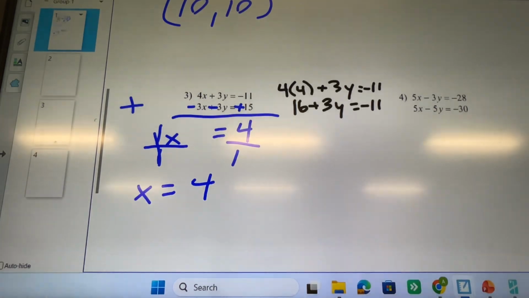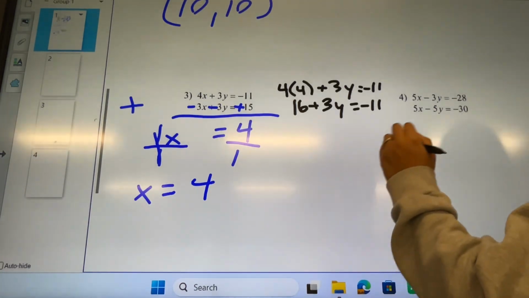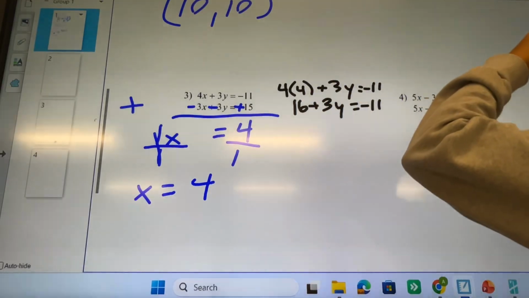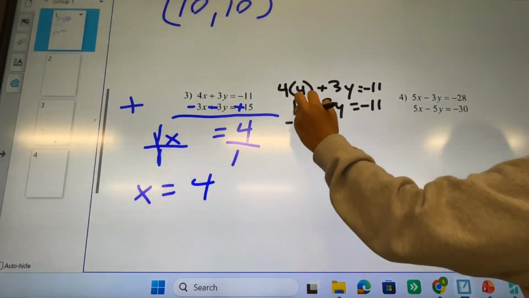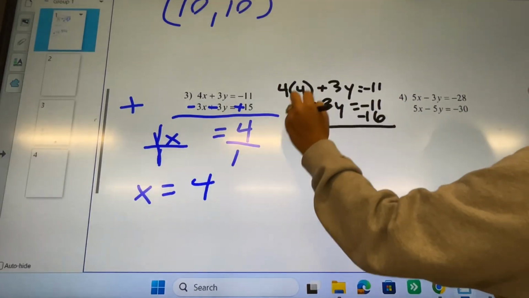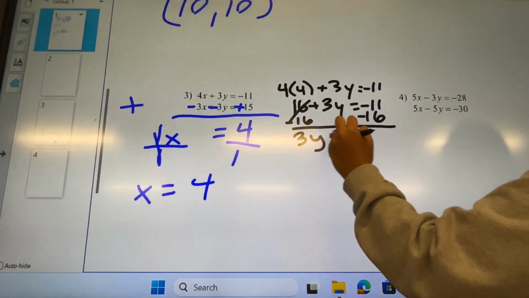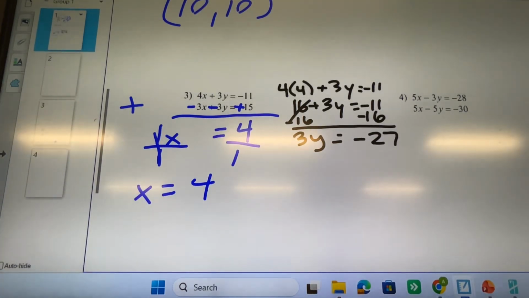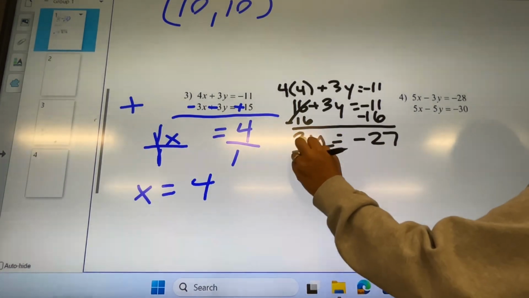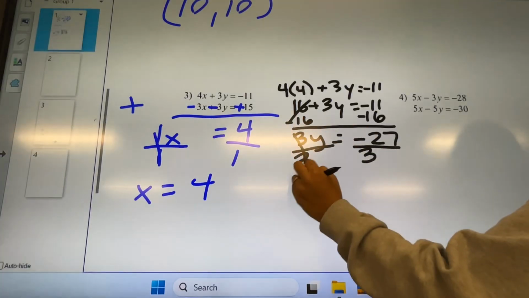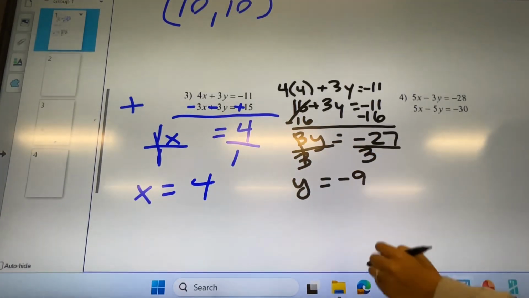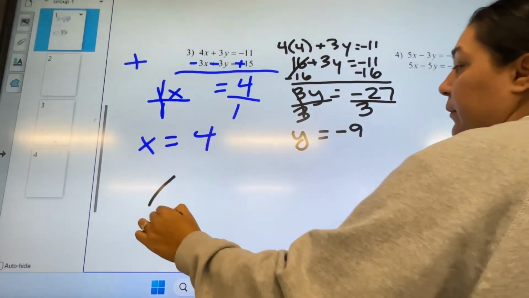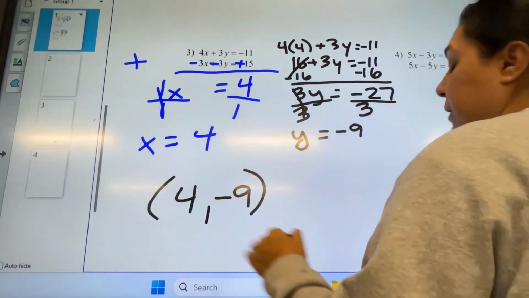Okay, and then what needs to be done? Minus 16 on both sides. So I get 3y equals negative 27. Then what? Divide by 3 on both sides. So we get y equals negative 9. So we get 4, negative 9.